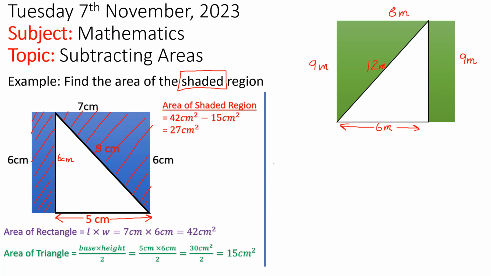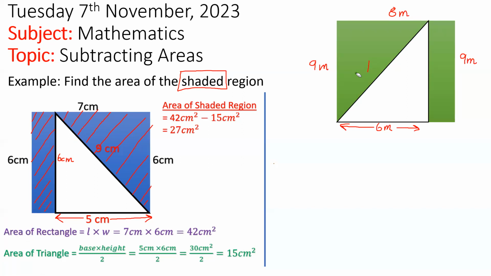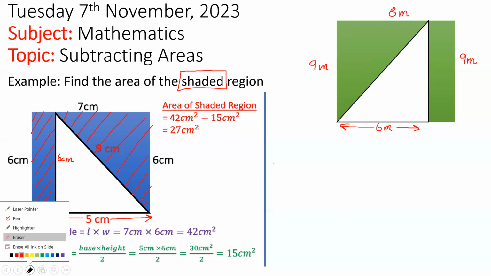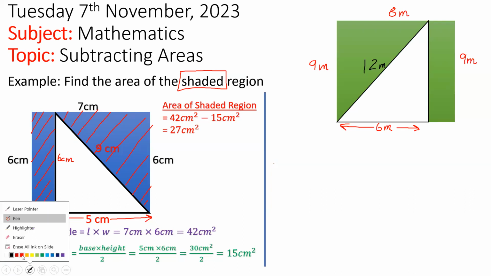And what we want to do is find the area of the shaded region. So let me shade it in. So let's say that this is 12 meters. And again, the goal is to find the area of the shaded region.